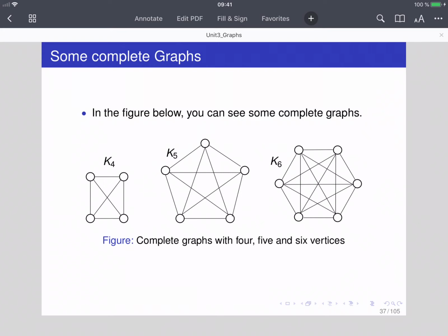So in this study of the families of graphs, we also want to study the different properties of the elements in the graph. So the number of vertices, the number of edges, the degrees of the vertices, and so on.